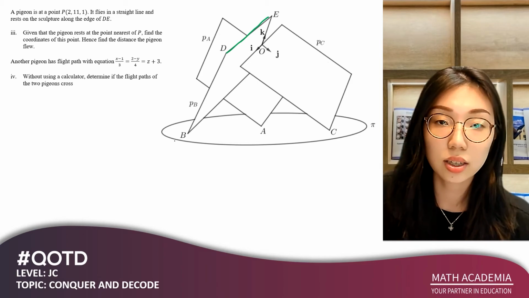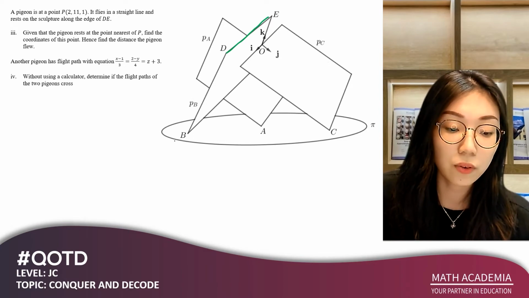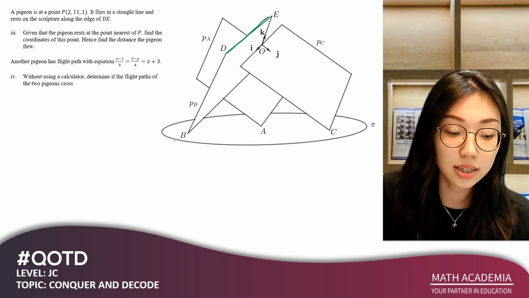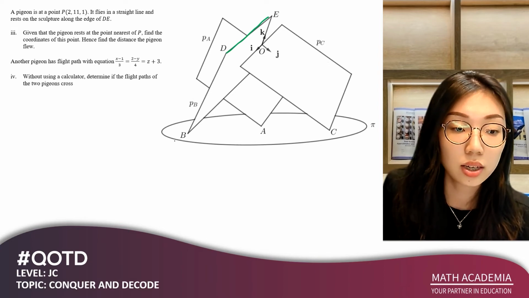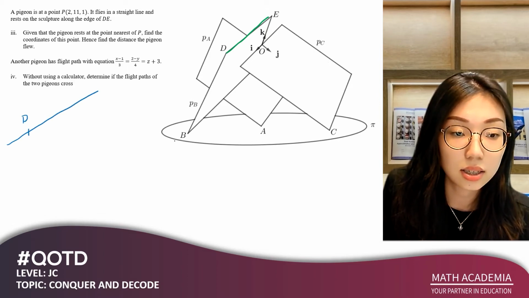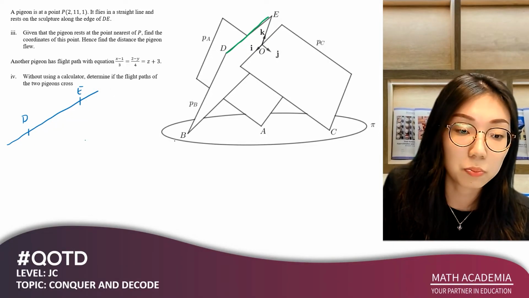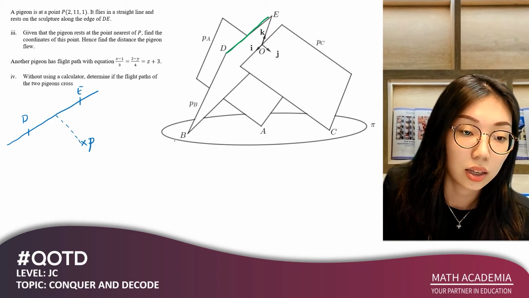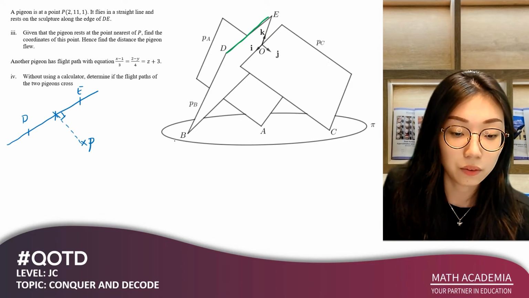So essentially, what this question is asking us to find is the foot of perpendicular from P to line DE. If I were to sketch a rough diagram over here, I will have the line DE, and point P would be around here. I need to find the position vector of this.